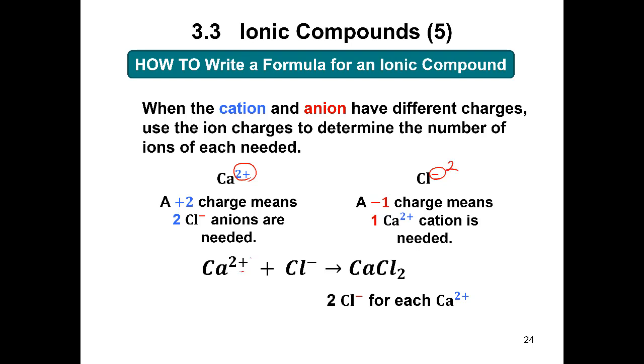So I'll have +2. I've only got 1 plus 1, so I'm going to need 2 of those in order to have a neutral compound with a +2 and a -1 times 2, and that equals 0.